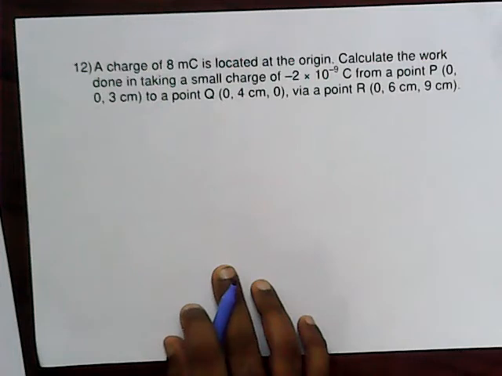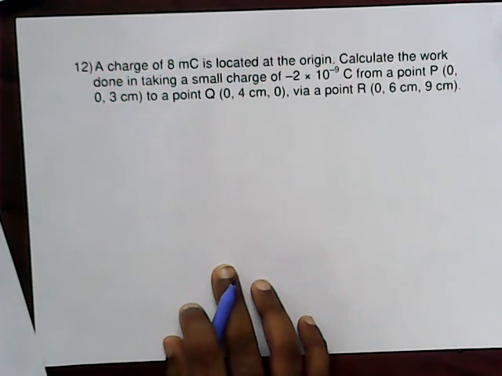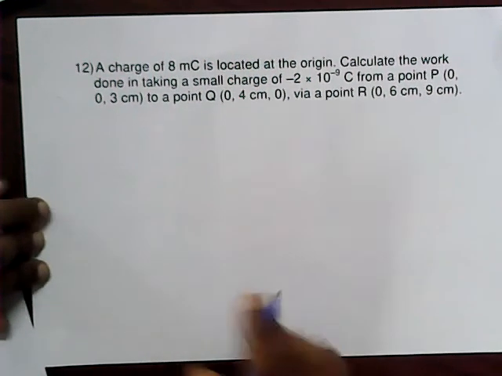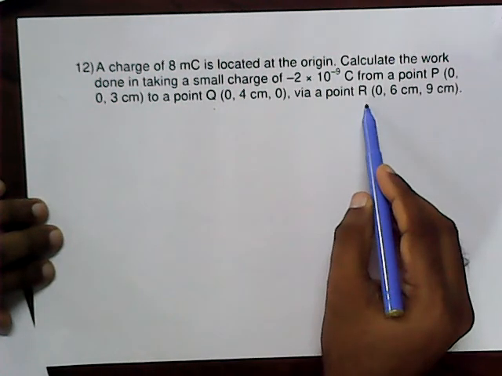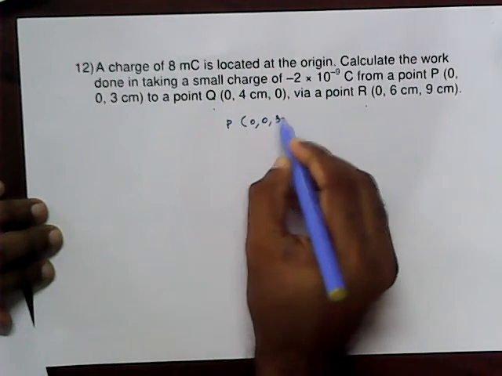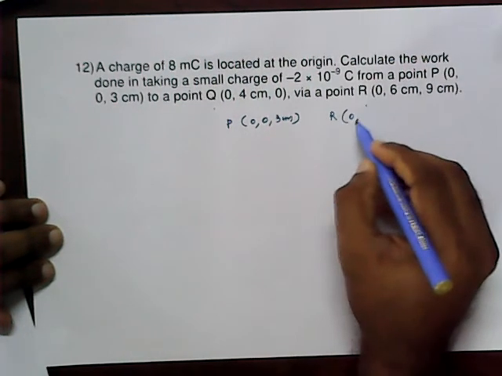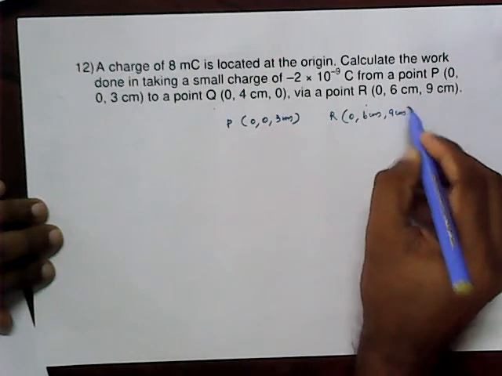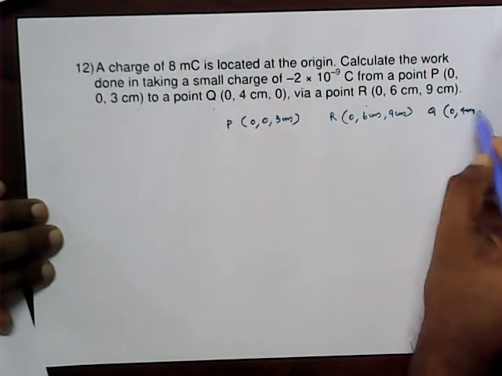Calculate the work done in taking a small charge of minus 2 into 10 raised to minus 9 coulomb from a point P to a point Q via a point R. Keep in mind here, the point P is (0, 0, 3 centimeter), the point R is (0, 6 centimeter, 9 centimeter), and the point Q is (0, 4 centimeter, 0).